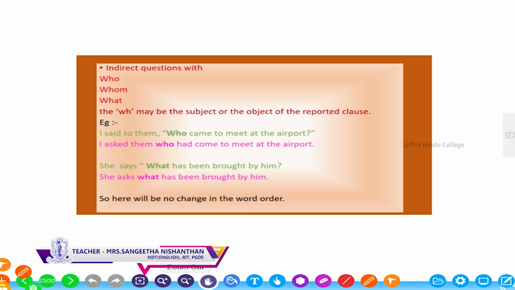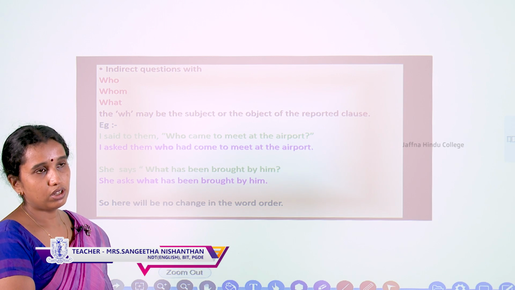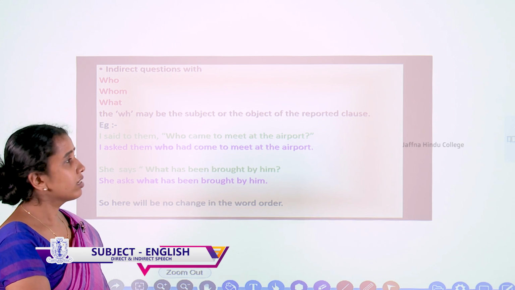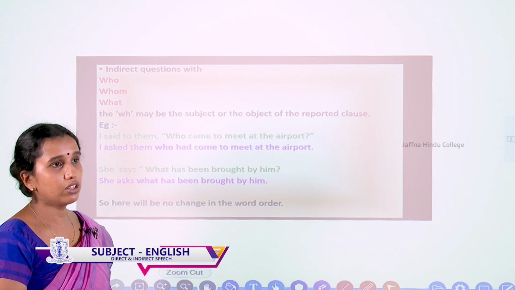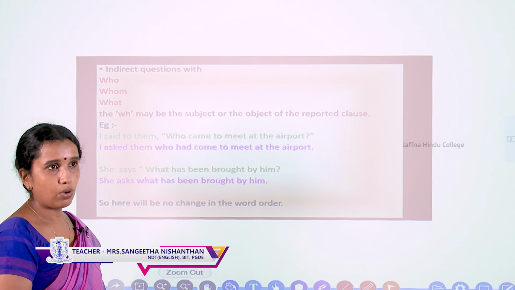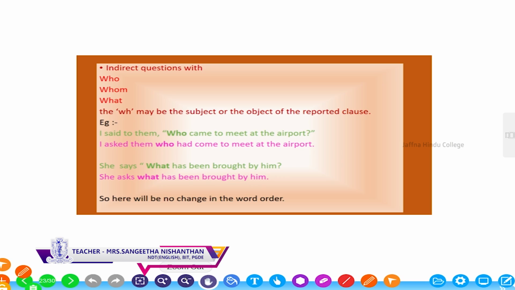Right. When we change indirect questions with who, what and whom, they may denote the subject or the object of the reported clause, so there is no change in the word order. Look at the examples. I said to them, who came to meet at the airport?